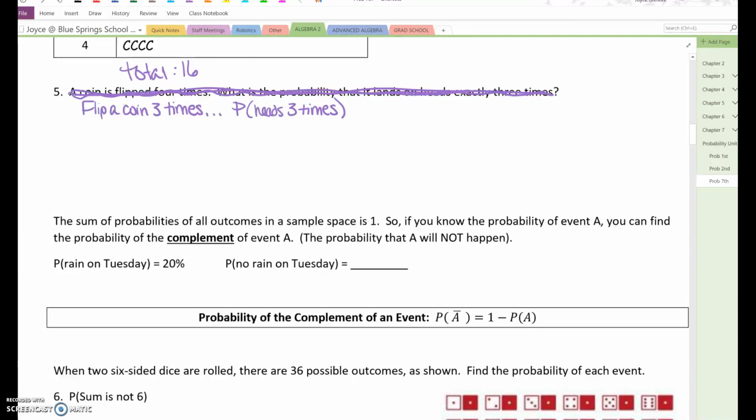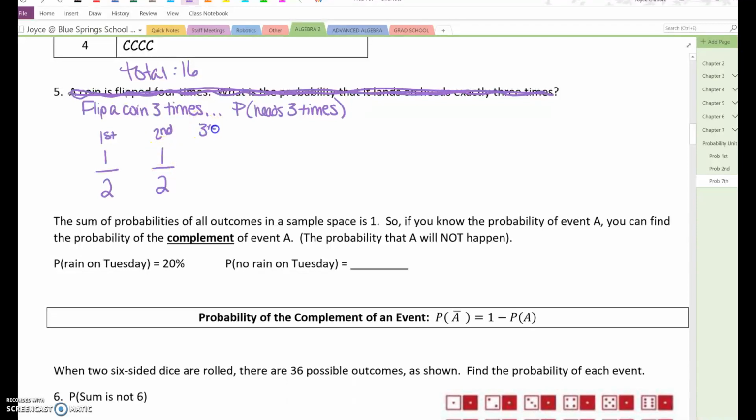So let's think about the first time that we flip the coin. What is our probability of getting heads the first time we flip the coin? 1 out of 2. The second time we flip the coin, what's the probability of getting heads? 1 out of 2.